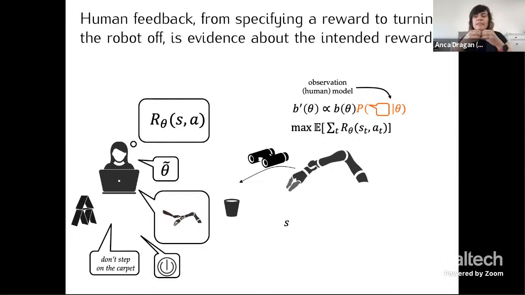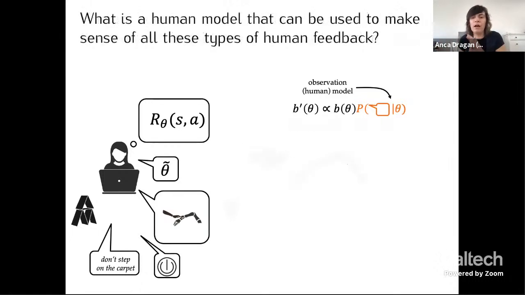And what's hard about this is that we need to give the robot what we might call an observation model, a human model that links the feedback with the theta, right? What's the probability of this feedback conditioned on any particular theta? Then I can just run my Bayesian update and infer something about theta. So given the reward function, what feedback do we expect? And we need a model that works for all this diversity of feedback types.